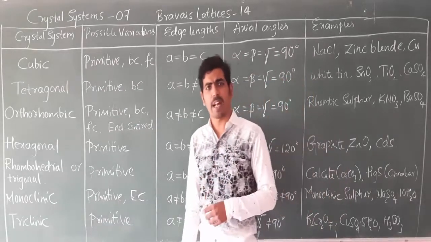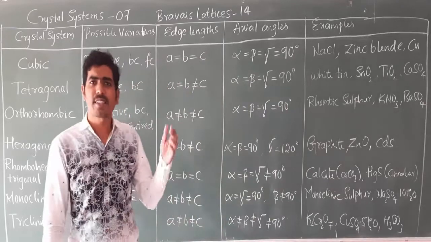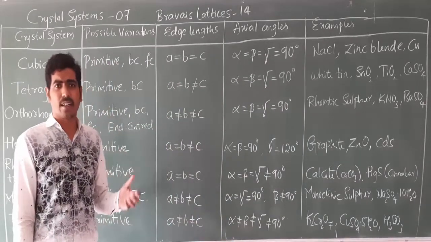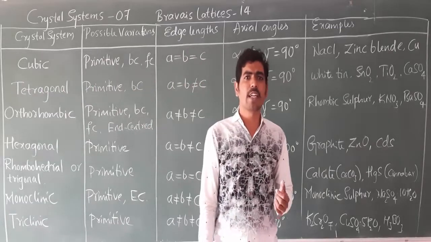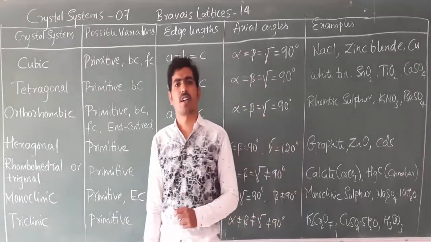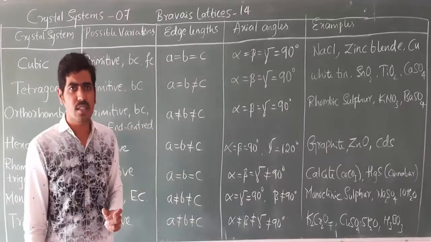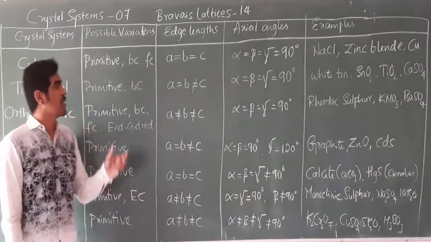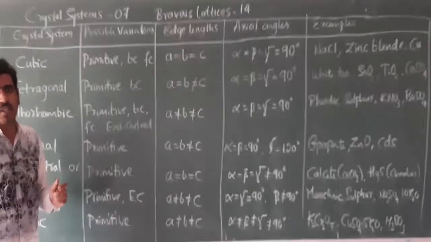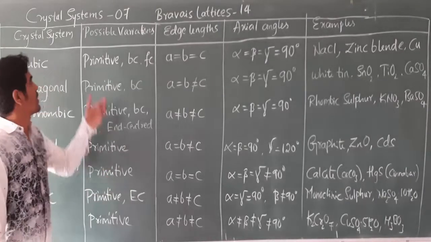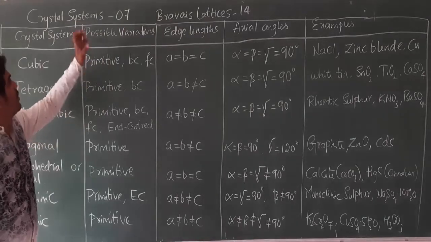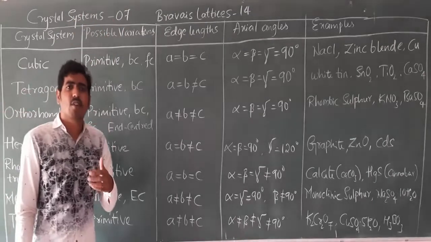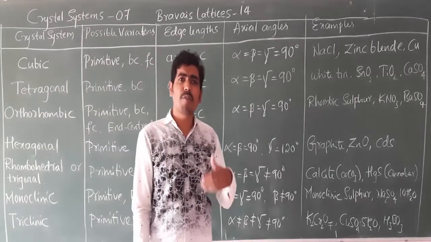Based on those parameters, the unit cell has different structures, and based on that, the crystals can be classified into 7 structures, and those structures constitute crystal systems. So there are a total of 7 crystal systems.